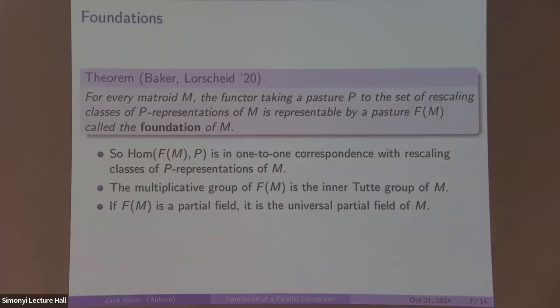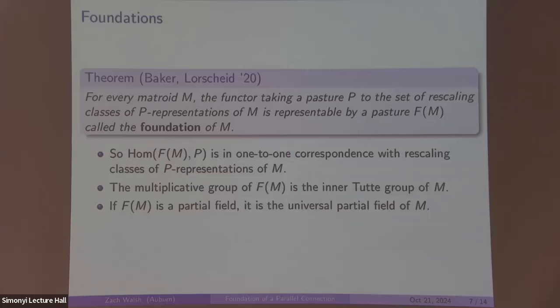So every matroid has a canonical associated pasture called its foundation. And it controls representations of the matroid over any pasture: representations over a field, reorientation classes if it's orientable.